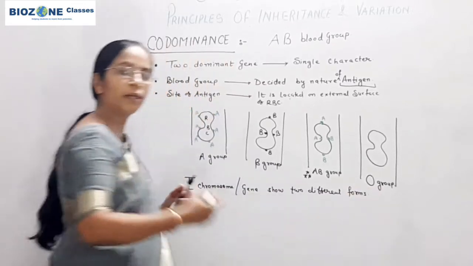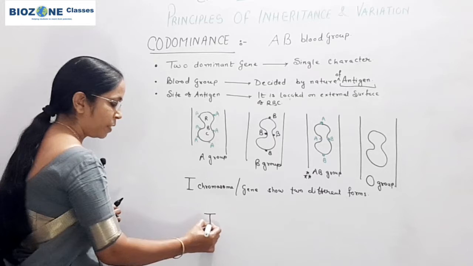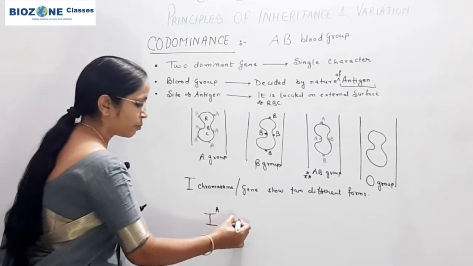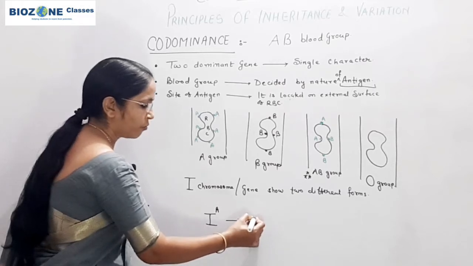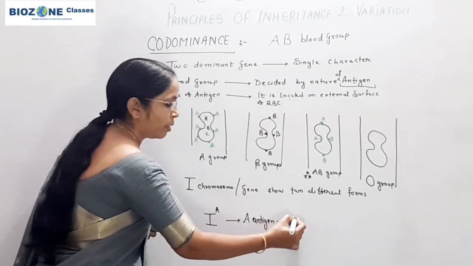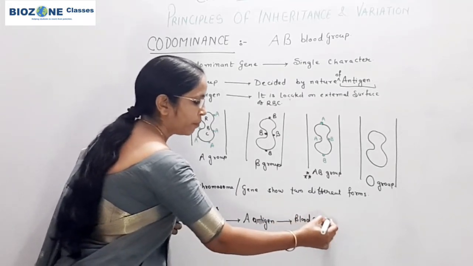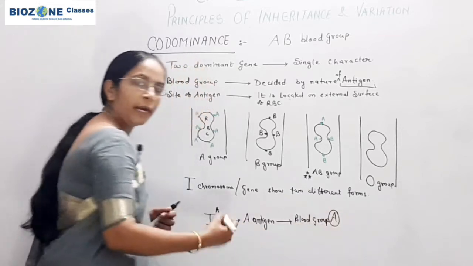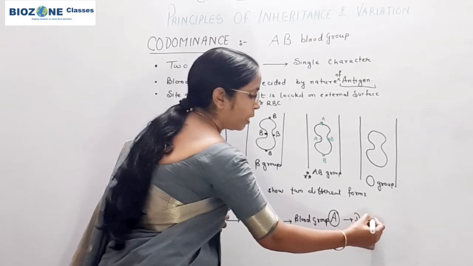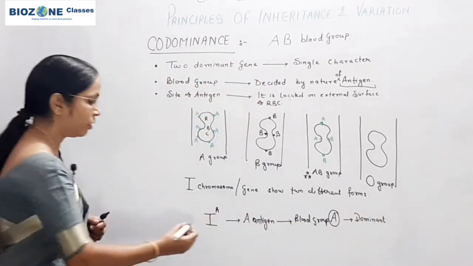If I carries the A gene, it is responsible for the production of A antigen, and the blood group of the person becomes A. This A is a dominant feature because the A gene is a dominant gene.